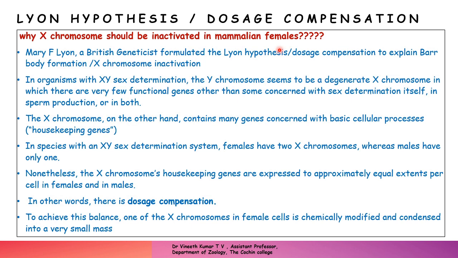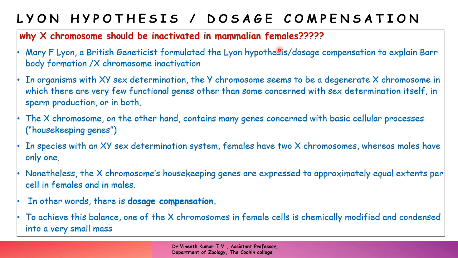To describe this in simple words, in mammals we have XX-XY type sex determination. In that, females have two X chromosomes and males have only one X chromosome.